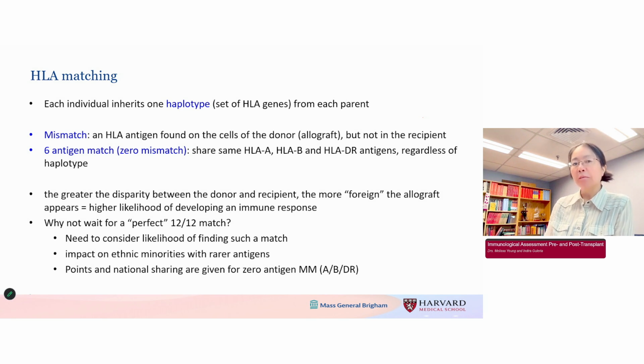But of course, as you just heard, we all have three other loci as well, right? And so even if you're a zero mismatch or a 6 antigen match with your donor, that doesn't mean that there aren't any mismatches at the C locus, the DQ locus, or the DP locus.